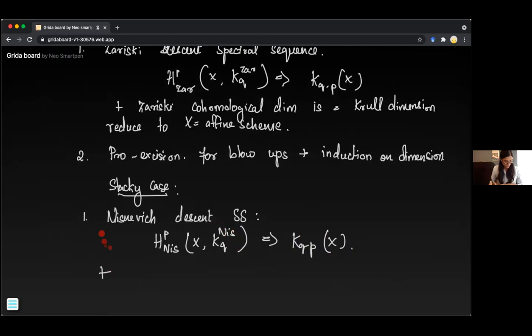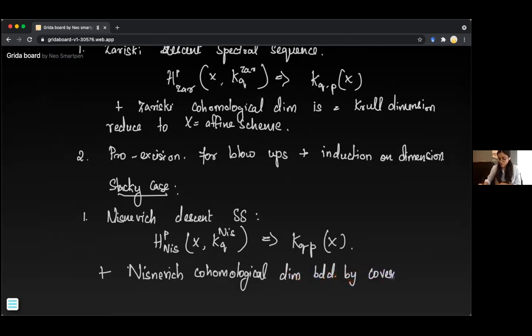So Nisnevich cohomology is bounded by the covering dimension of the stack.